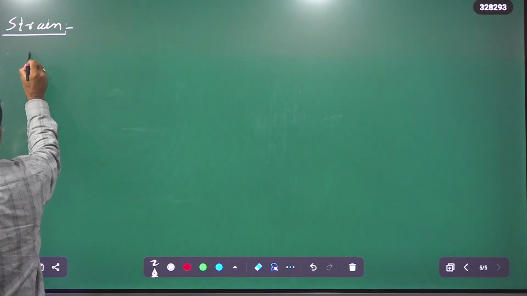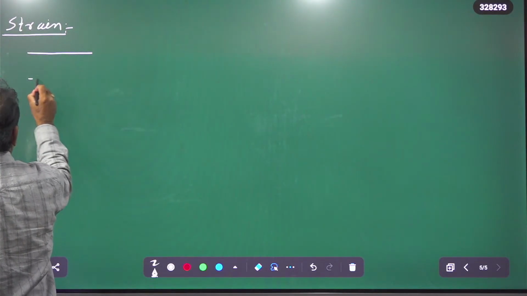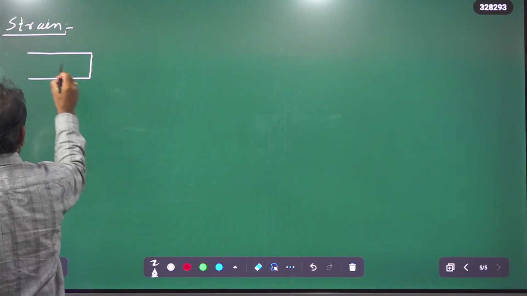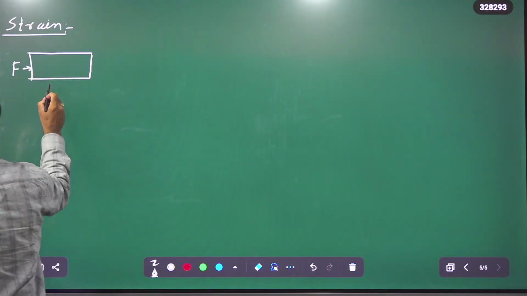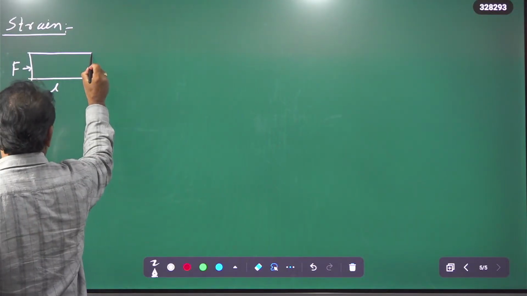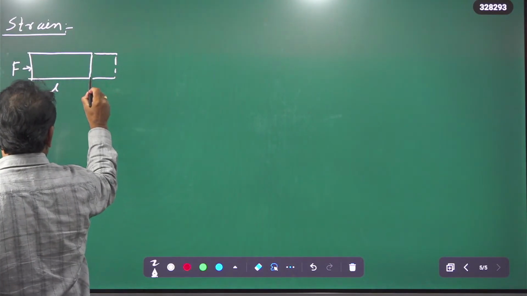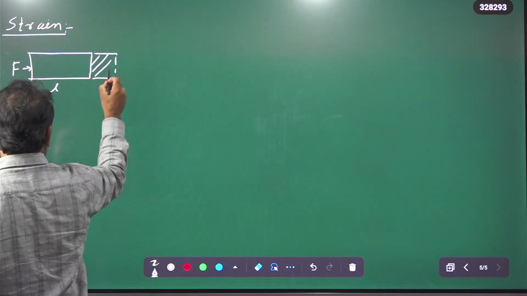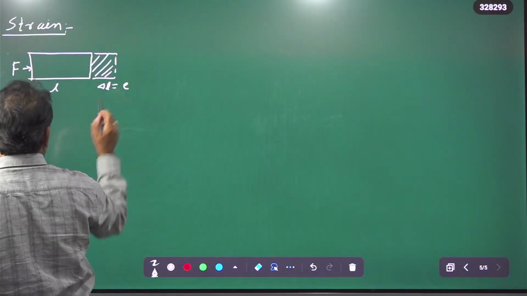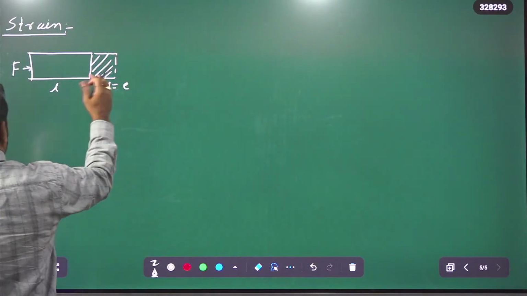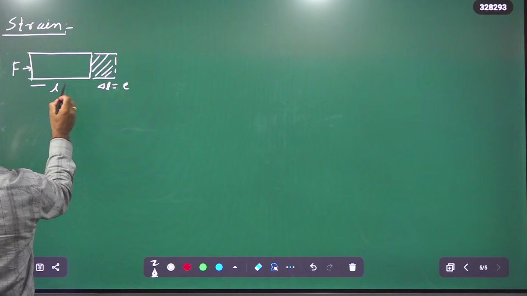I am taking one rod, or any object we can consider like this. When I apply some amount of force, what happens? Its length gradually increases. A small amount of length is increased. That is called delta L, which is represented by e. The change in length divided by its original length is called a strain.